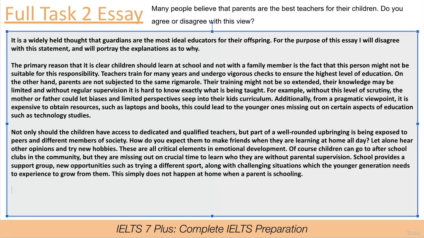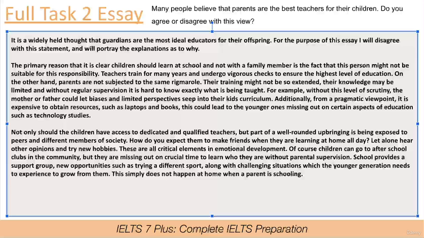Okay, let's read this back now and see how it sounds. Not only should the children have access to dedicated and qualified teachers, but part of a well-rounded upbringing is being exposed to peers and different members of society. How do you expect them to make friends when they are learning at home all day, let alone hear other opinions and try new hobbies? These are all critical elements in emotional development.